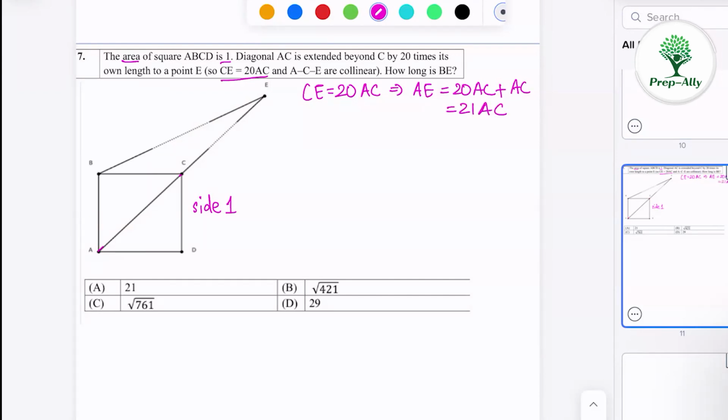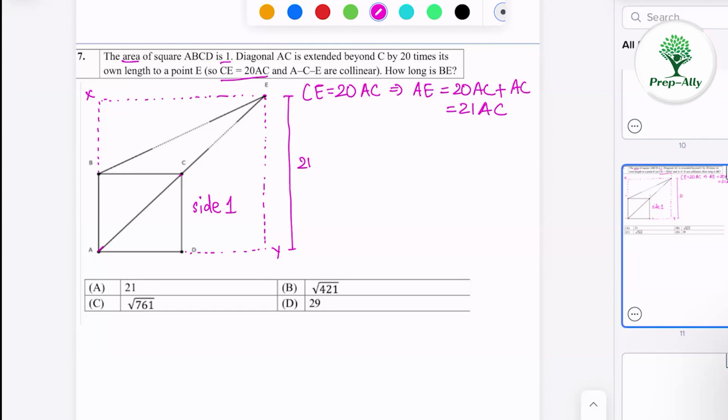Now, imagine this big square whose diagonal is AE. Let the square be AXEY, right? So the side of the square has a length 21.